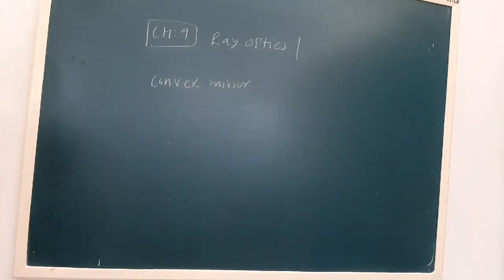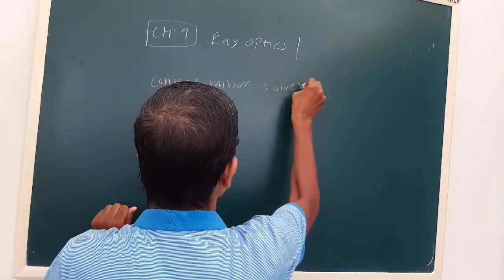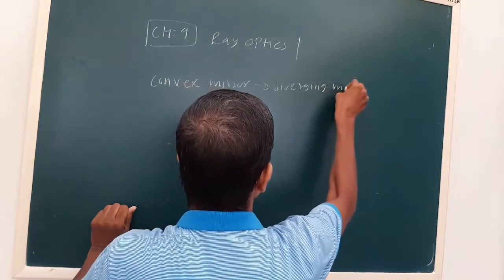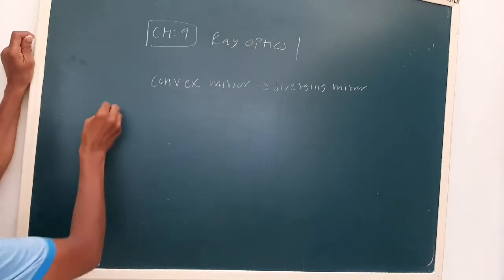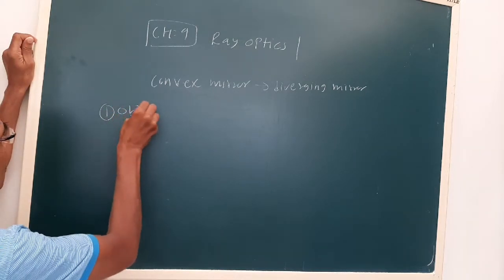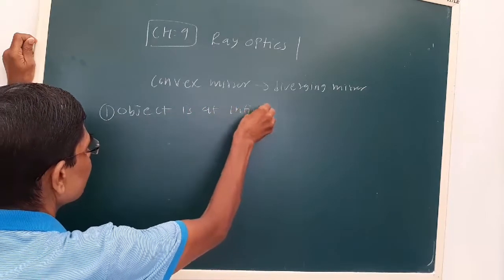Okay, now as I told, the convex mirror is a diverging mirror. Here there are only 2 different positions. Let us say first, the object is at infinity.